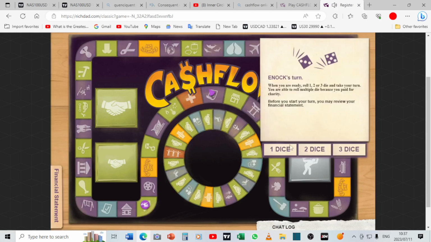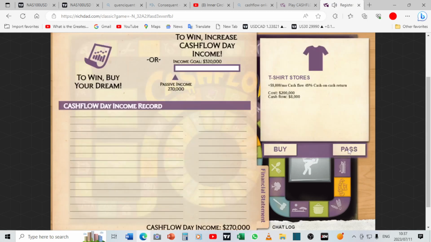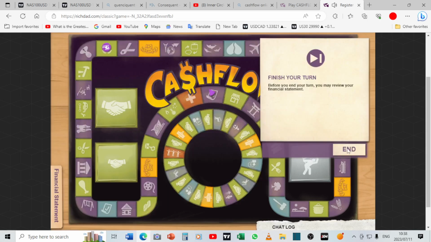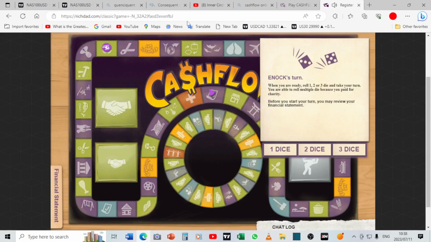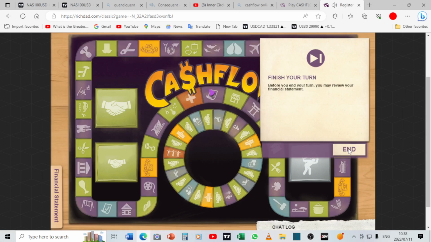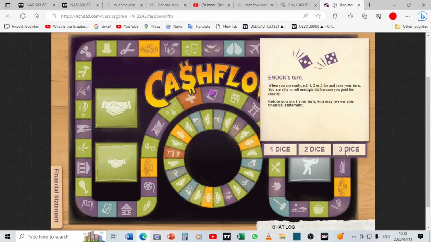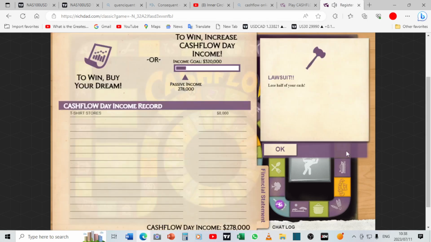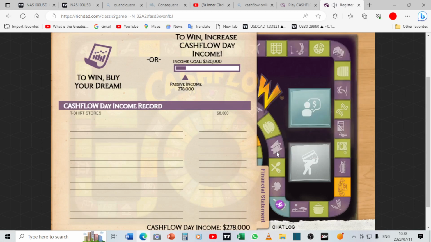I don't even check, I'm just buying. But I understand you'll get a divorce here, certain stuff, because I don't have a lawsuit. You see, you have to pay. I have 200 and something thousand. Lose half of your cash.